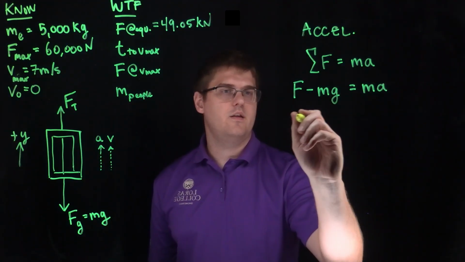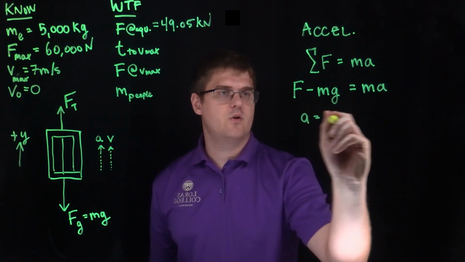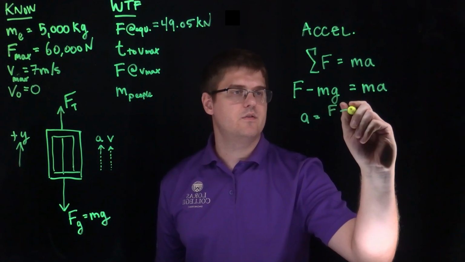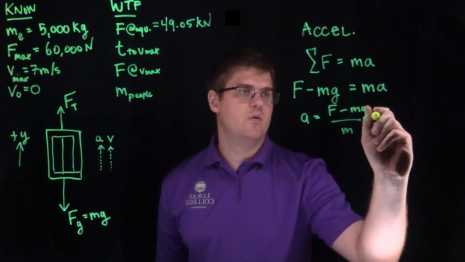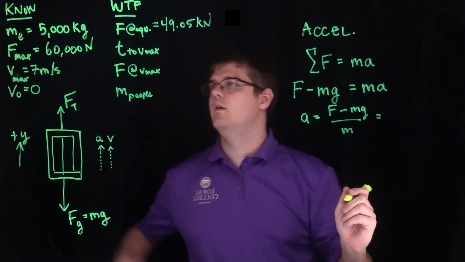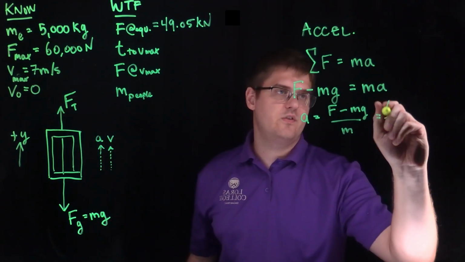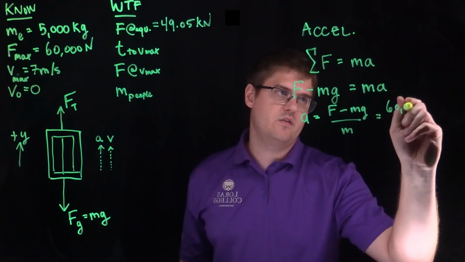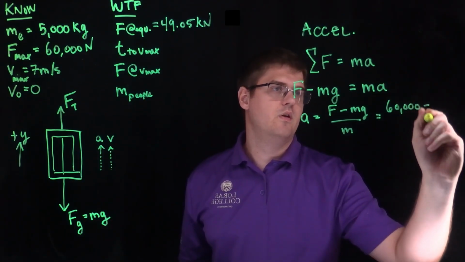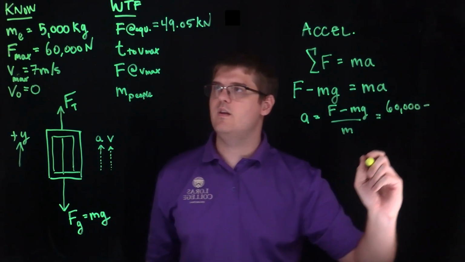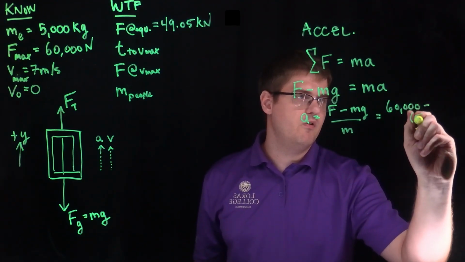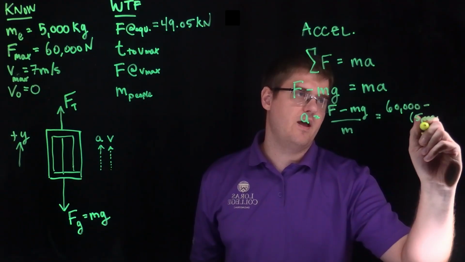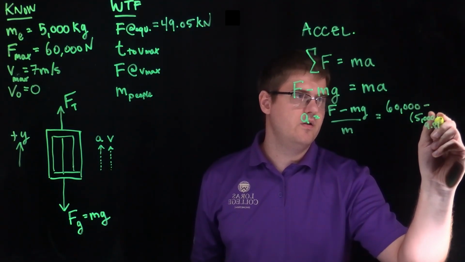My acceleration is going to be my force minus mass times gravity, divided by mass, where the force is the maximum force I can do. So this is as fast as I can accelerate: 60,000 minus mass times gravity, which is 5,000 times 9.81.